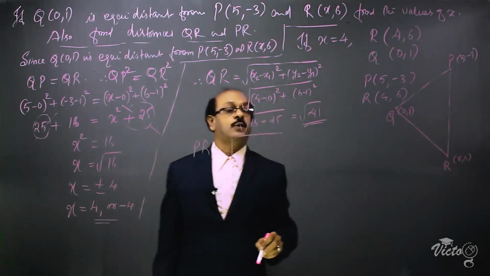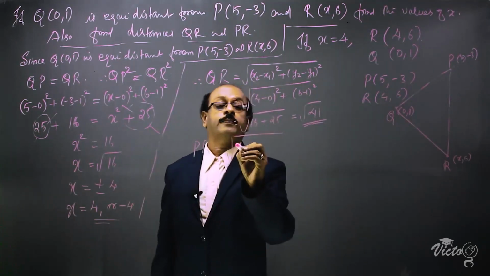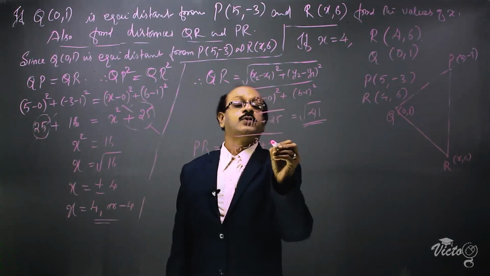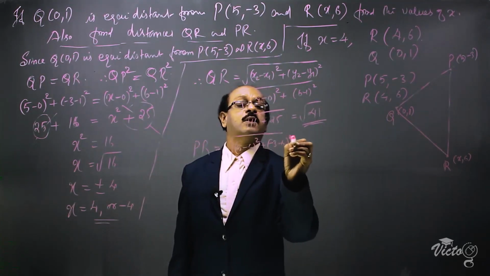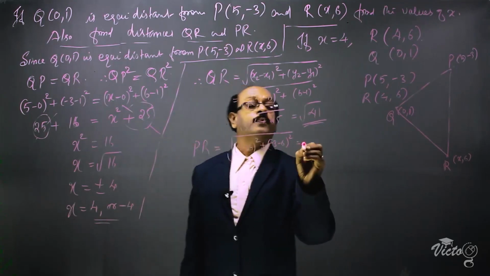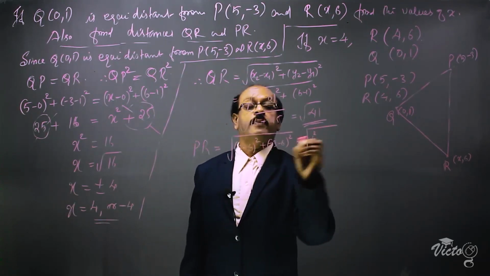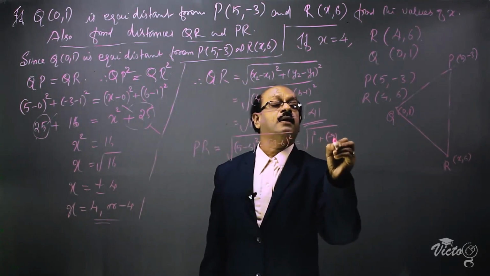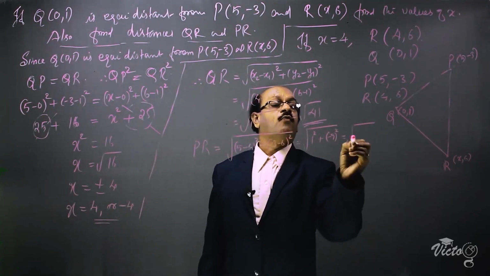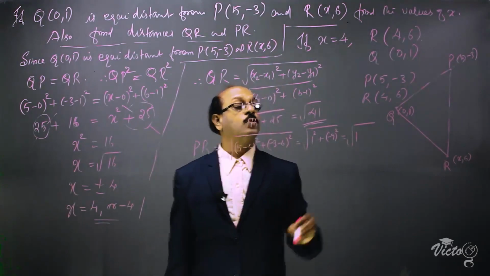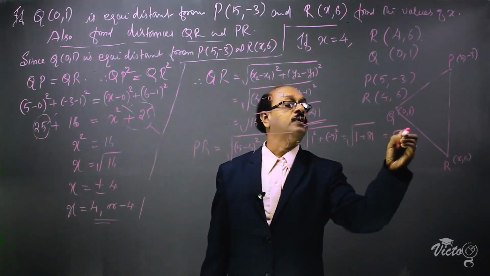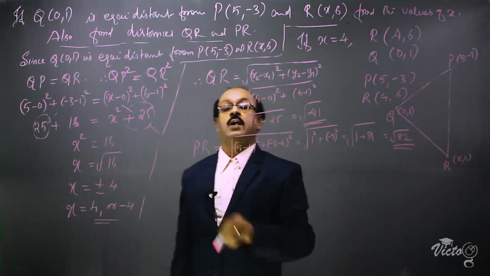Therefore PR is the square root of (5 minus 4) squared plus (-3 minus 6) squared. 5 minus 4 is 1, squared is 1, and -3 minus 6 is -9, squared is 81. The value is root of 82, which is one value of PR.